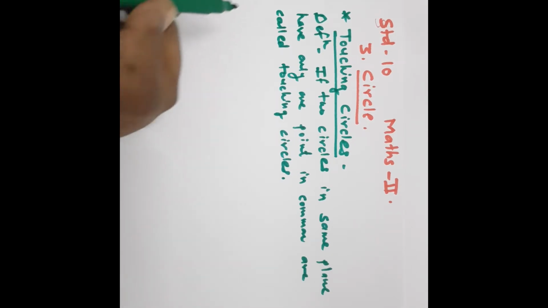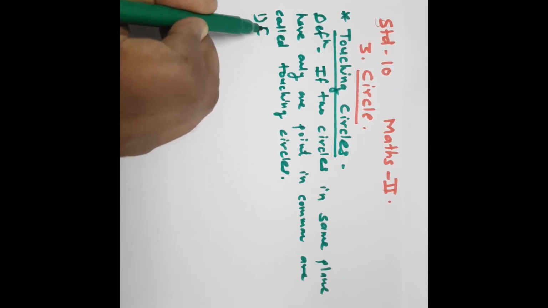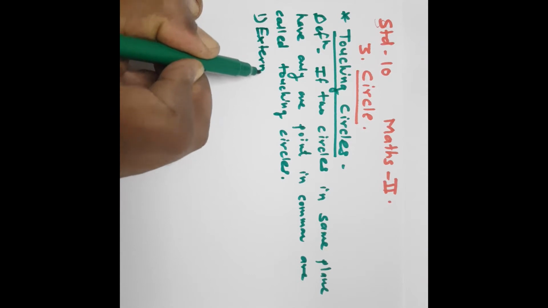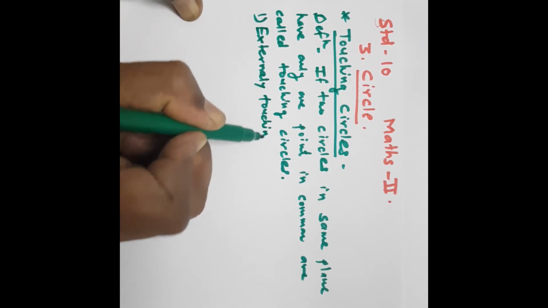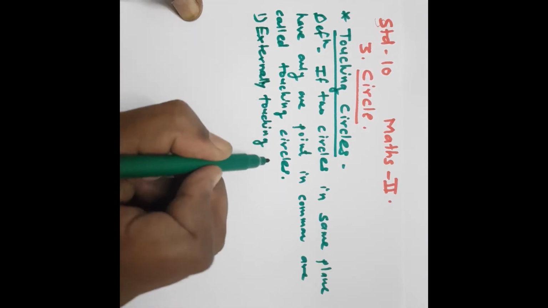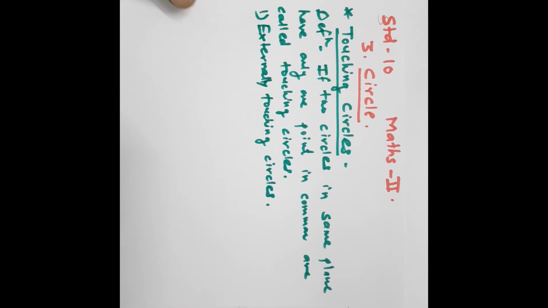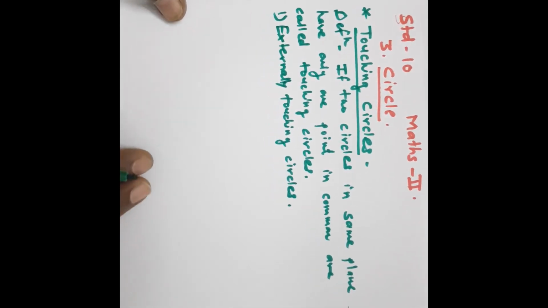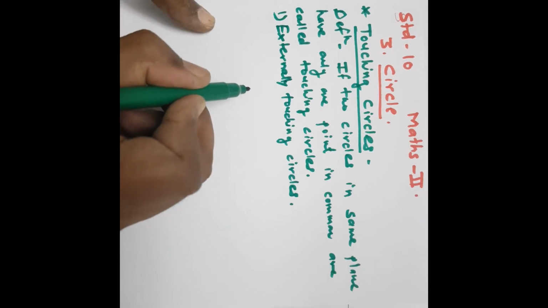There are two types of touching circles. First is externally touching circles, and second is internally touching circles. Here we will see externally touching circles.